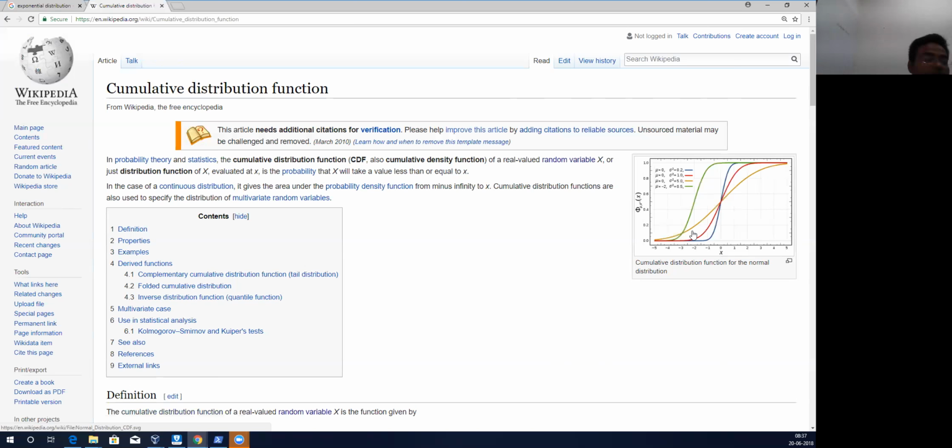This is one another curve. These are your exponential distributions. This was your CDF.